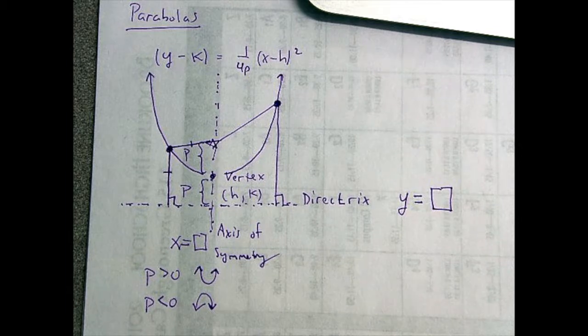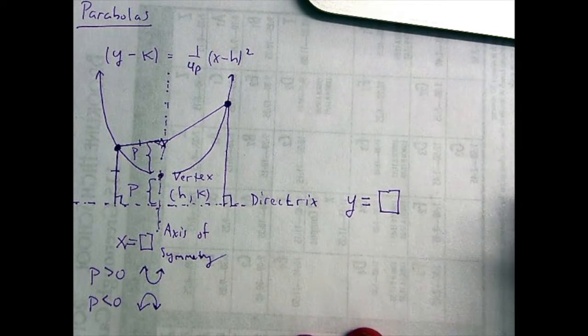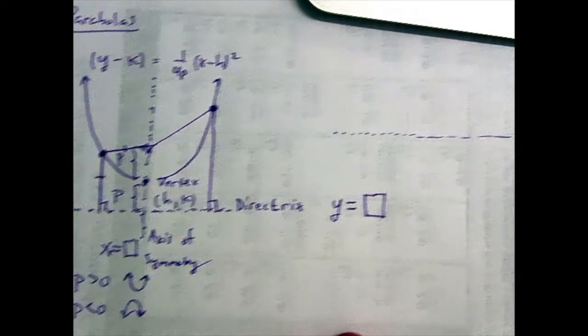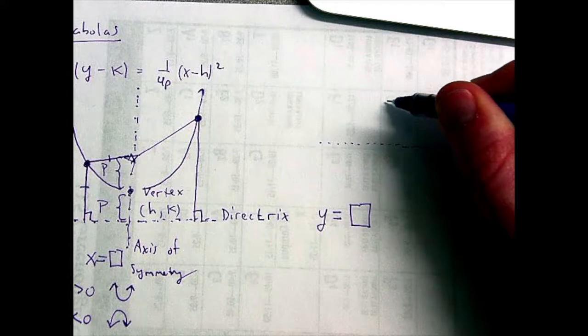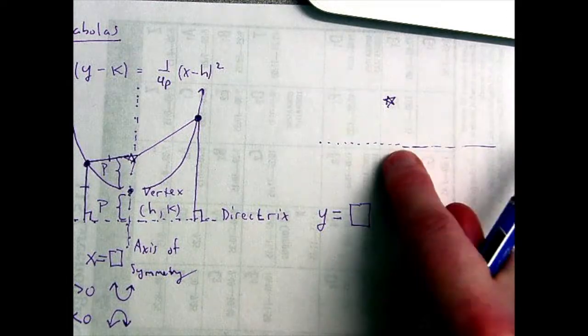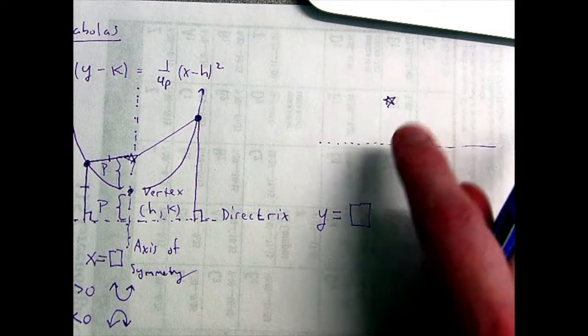So one way of talking about the parabola is this: if you give me a line, that's the directrix, and if you give me a point, which we call the focus, then the parabola is the set of all points which are equidistant between this line and this point.